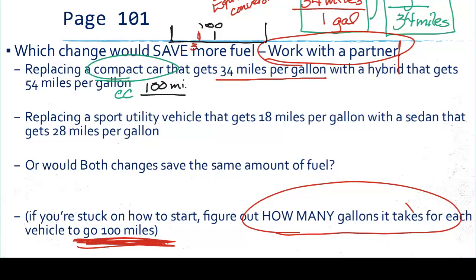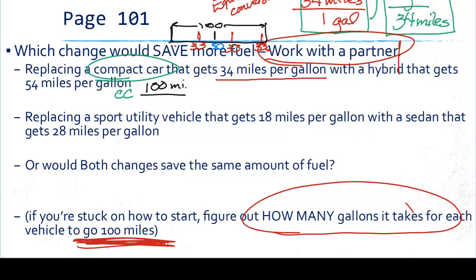So here's 33. Here's 50. This 100 is supposed to be going all the way to the end here. And we want to go 100 miles. So there's 33. 33 more would be about here, and then 33 more would be really close to the end. So that's maybe almost 3 gallons, right?